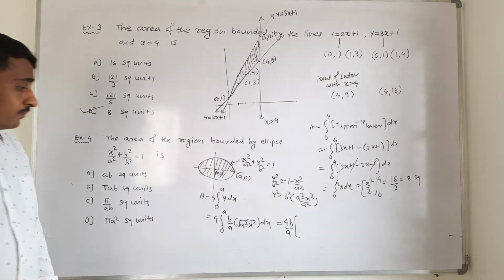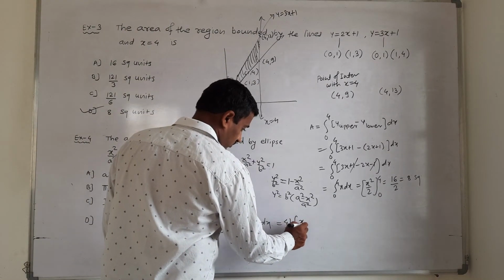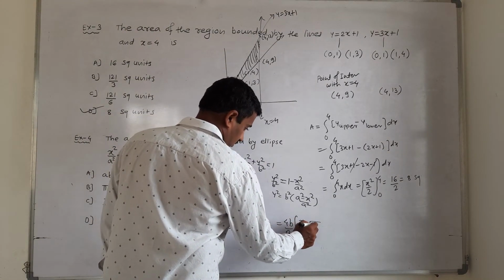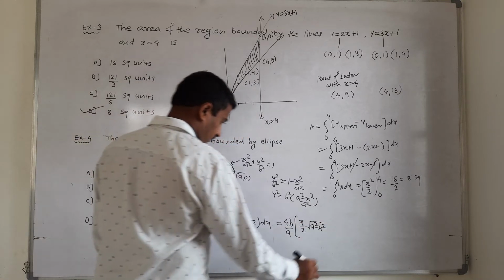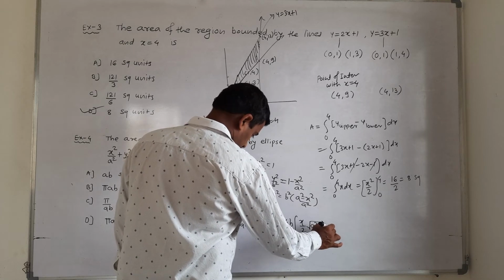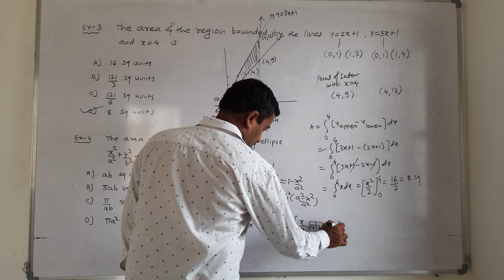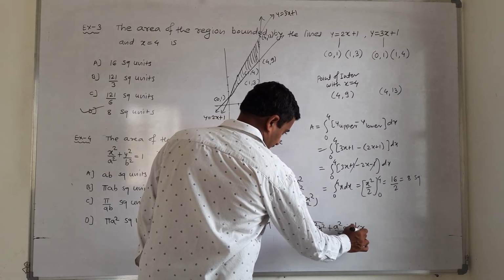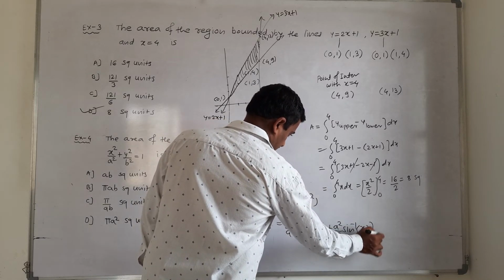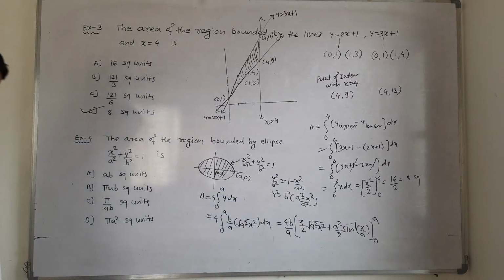It is a standard type: x by 2 times the square root of a square minus x square plus a square by 2 sin inverse x by a, with limits 0 to a.